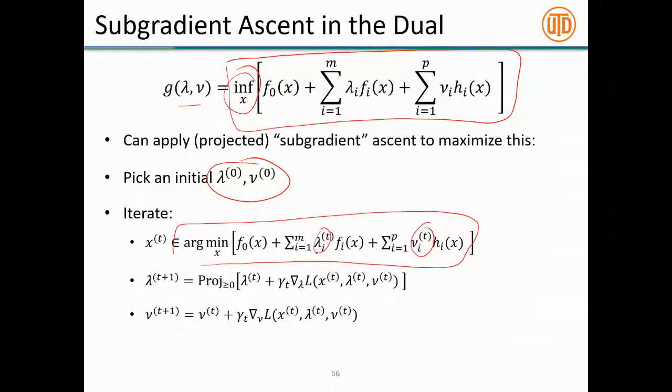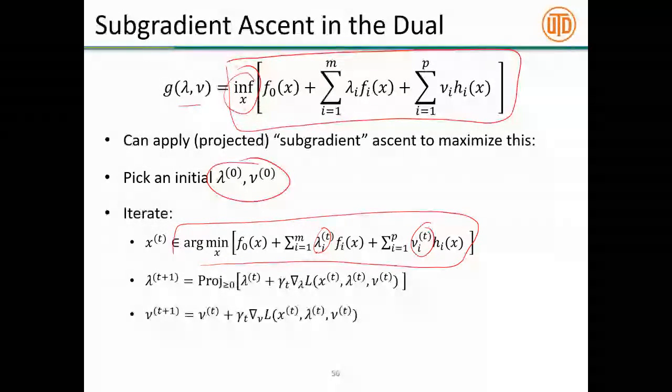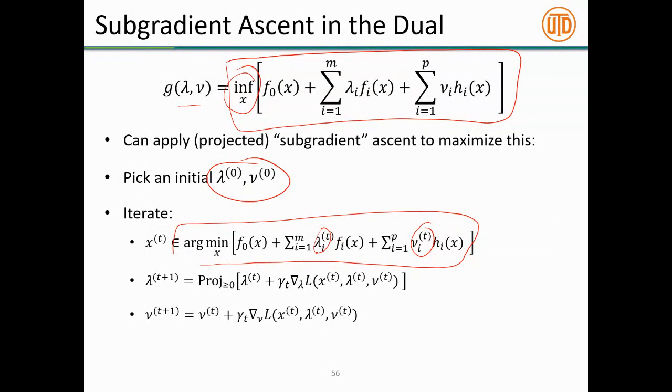We know that the subgradient then is just the derivative of the function evaluated at that particular x. So if I want to perform gradient ascent with respect to the lambdas and the nus, or projected gradient ascent in this case, I take the gradient of the Lagrangian at the point x_t, and that gives me a valid subgradient of the function.